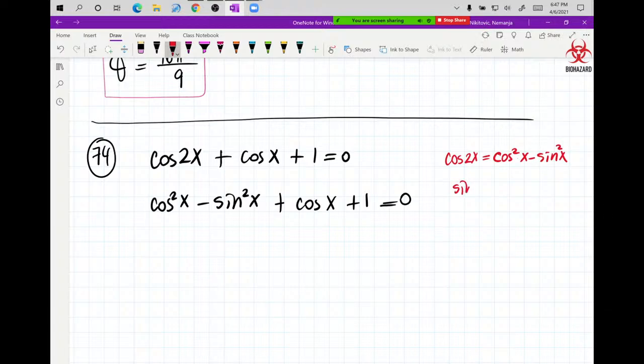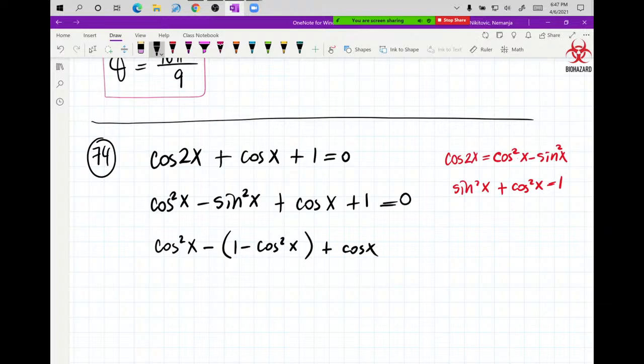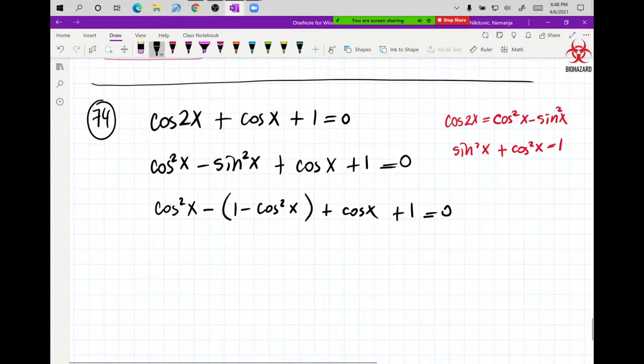Because sine squared x plus cosine squared x is equal to 1, now I can solve this for sine. And my cosine squared x minus, this becomes 1 minus cosine squared x plus cosine x plus 1 equal to 0. Just combine like terms now.